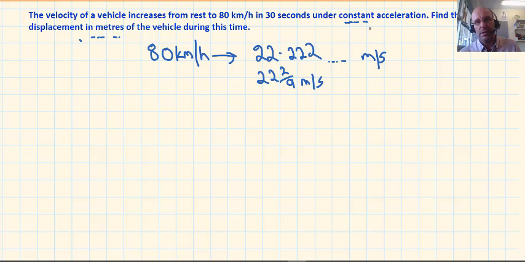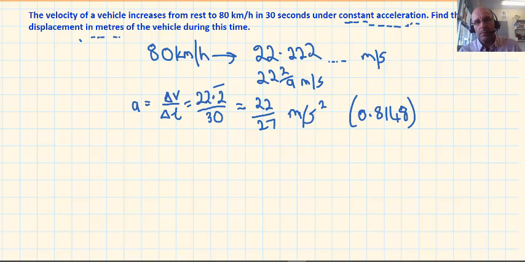The acceleration is a constant, so it's quite simple to come up with that constant. We need to start with the acceleration. So we've got a figure there, 22/27, or about 0.8148 meters per second squared for that constant acceleration. Now, velocity is the integral of acceleration with regards to time.